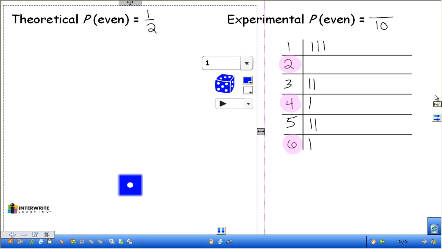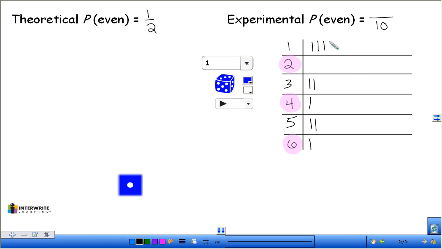All right, so here is our experimental probability. I have only 2 evens out of all of those rolls. And when I simplify this, I get 1/5. So our experimental probability of rolling even turned out to be 1/5.